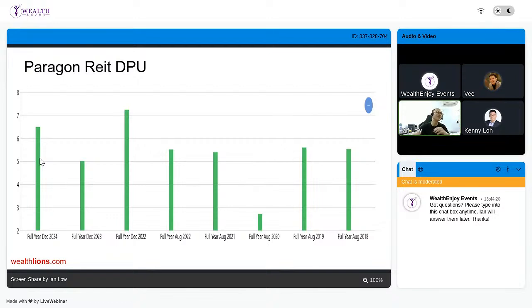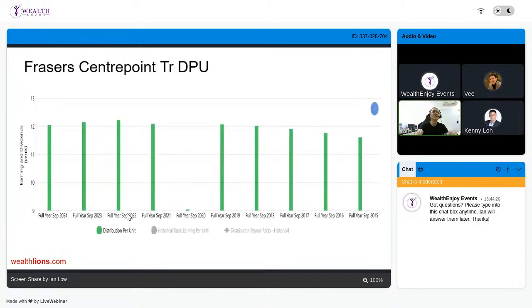So Paragon has really outperformed. They have done very well. But because they have done so well, the share price is still stuck at low prices. Paragon is doing a corporate action to buy back. So no chance to own this REIT anymore because they are going to privatize, because this is a good REIT.